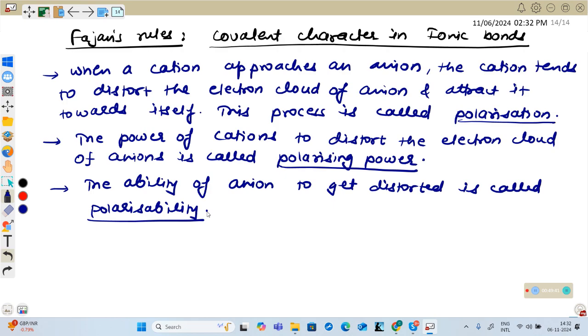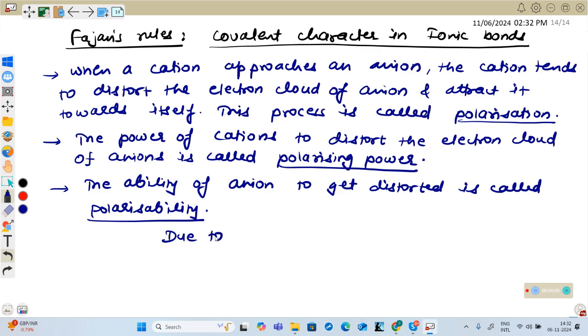So due to which, the electron clouds get overlapped and partial covalent character develops.